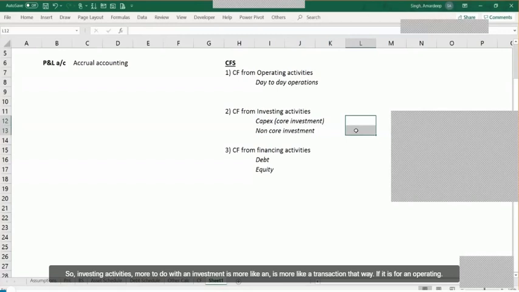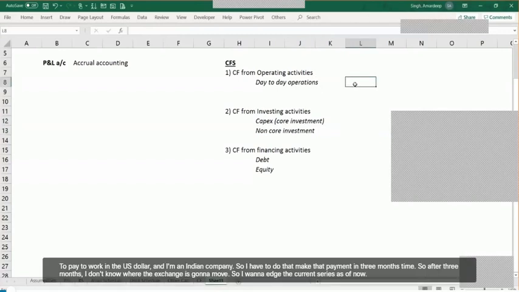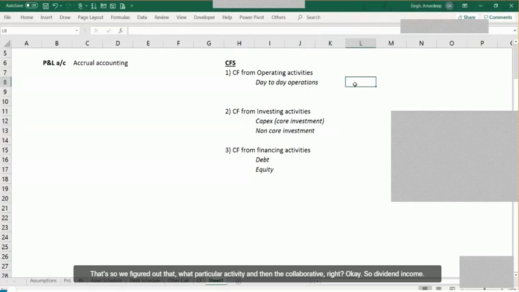If it is for an operating activity, say I have to pay a creditor in US dollars and I'm an Indian company, I have to make that payment in 3 months' time. After 3 months, I don't know where the exchange rate is going to move. So I'm going to hedge the currency risk as of now. That's going to be covered as part of my operating activity. So that's how we figure out what particular activity it relates to, and then we club it accordingly.